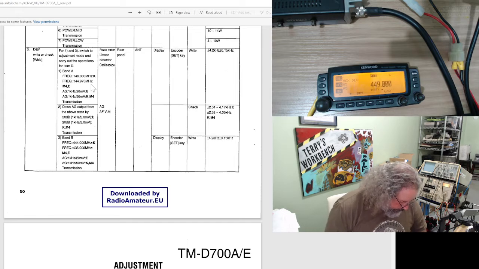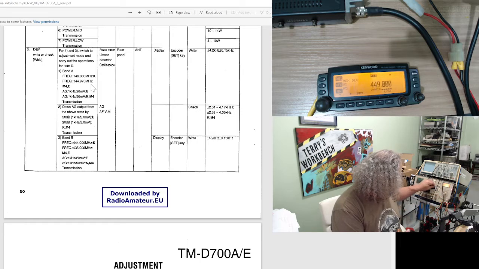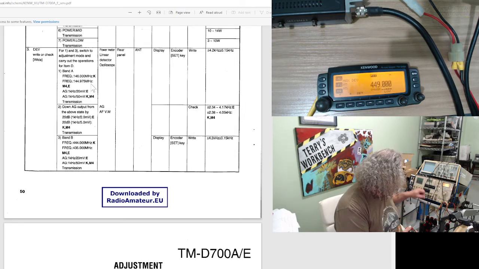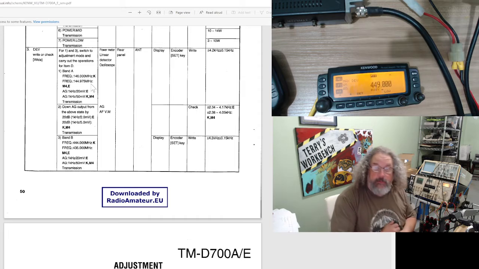All right. Yep, it just will not lock. I'm going to assume the deviation's fine.